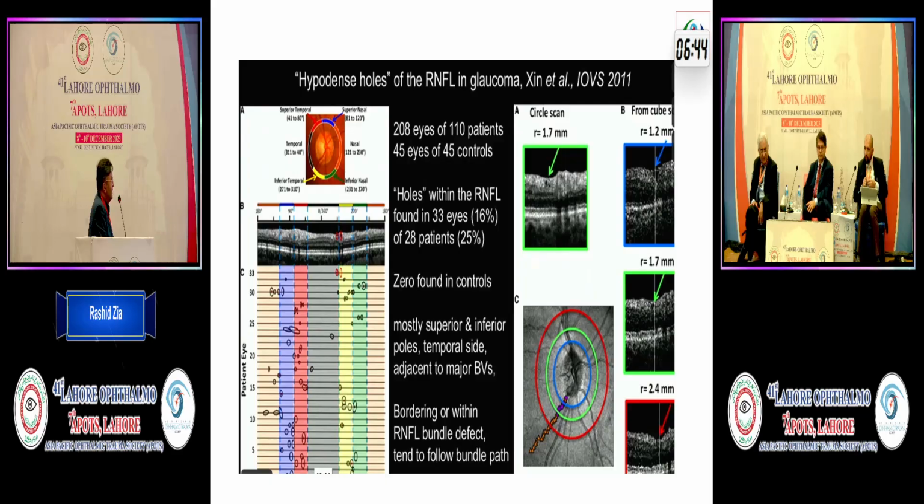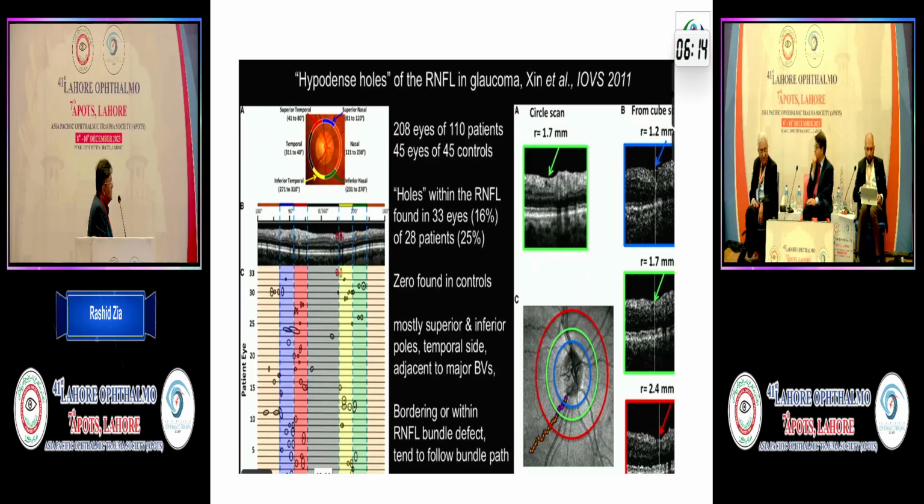Then Zin et al. in 2011 looked at 208 eyes of 110 patients with 45 controls, and they found hypodense holes in 25% of patients. When they plotted the position of the hypodense holes, they found they were in the inferotemporal and supratemporal areas. So this is a scan at 1.7, 1.2, 1.4 millimeters.